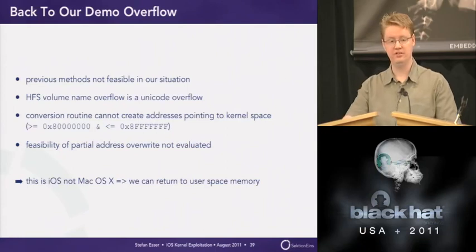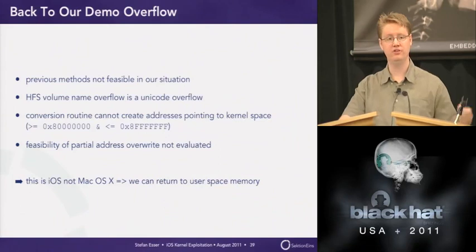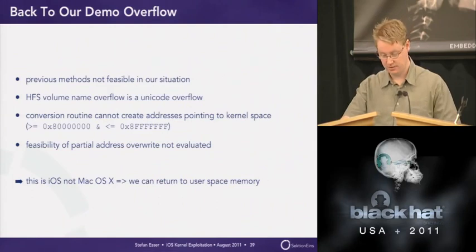But luckily, this is iOS and not macOS. So I told you in the beginning, the user space here is mapped into the same address space. And therefore, you can just return to an address in user space.